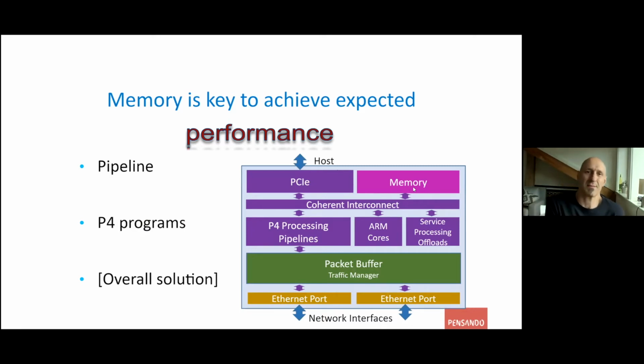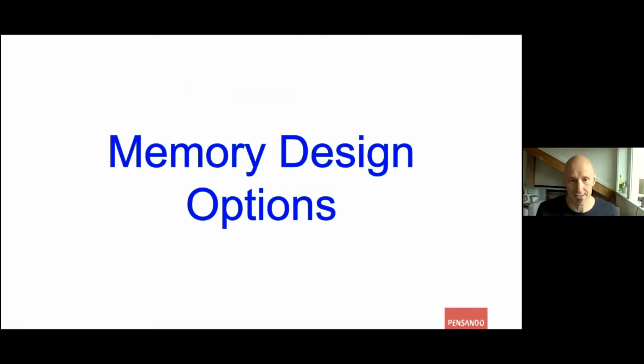When we write a P4 program, we might not deal directly with that memory, but still, if the memory system works properly, this is what will enable our programs to run fast, to have the desired performance, and will enable us to write programs that do not have to satisfy too stringent constraints. So what are our options in designing memory for a pipeline?